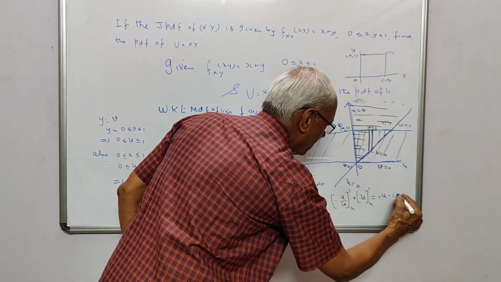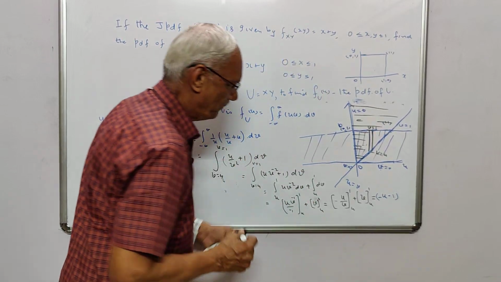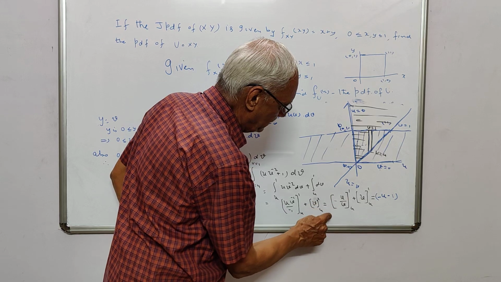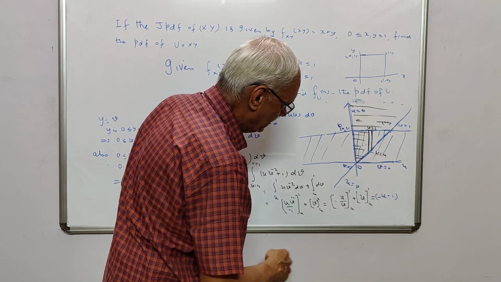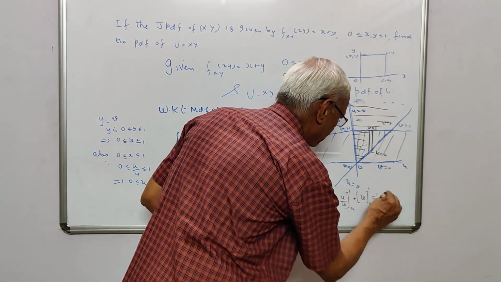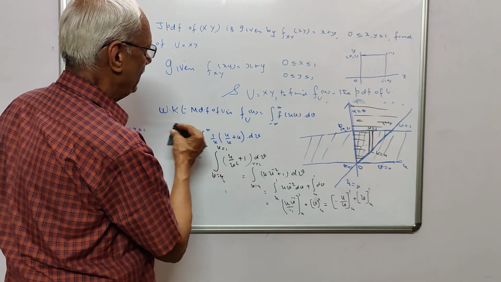See, if you put v is equal to 1, it is minus u minus, I will write this here.